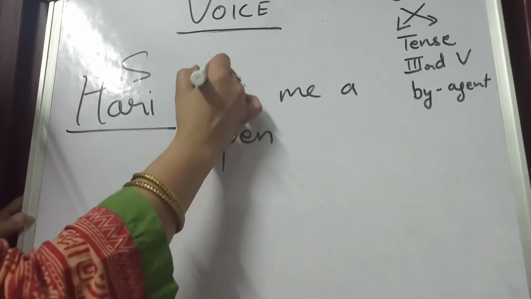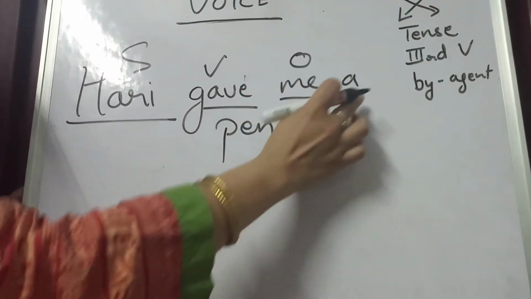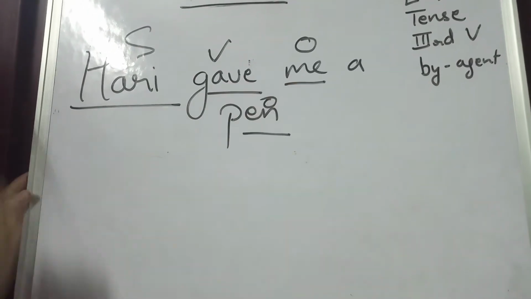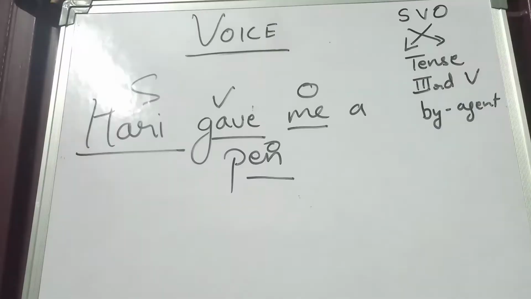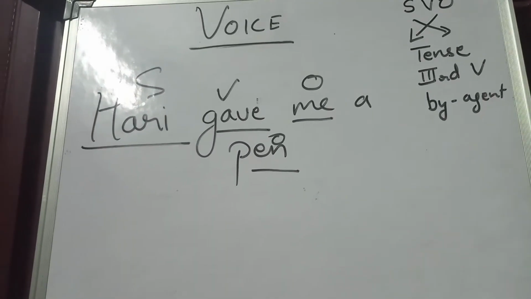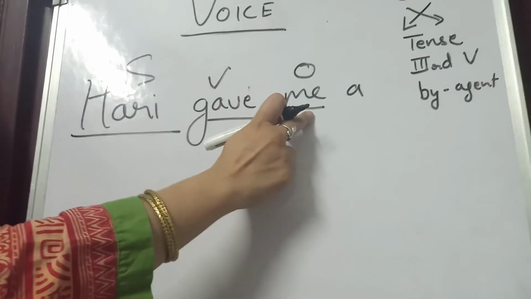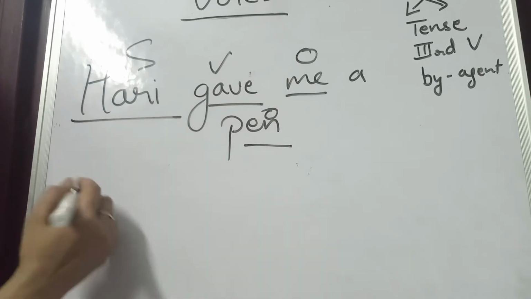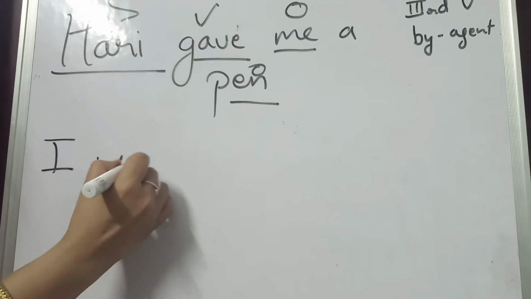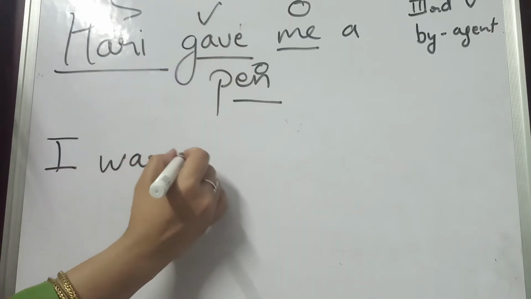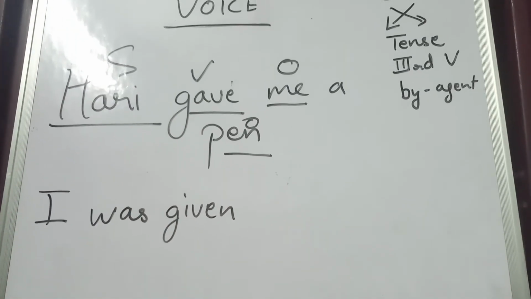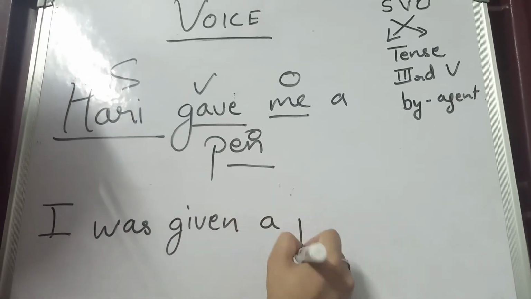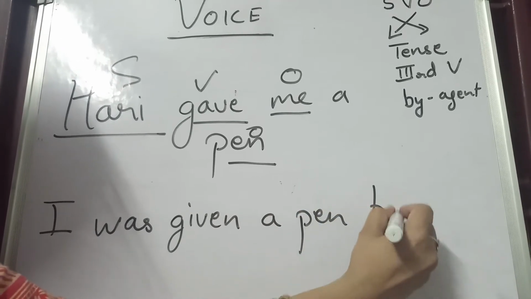Subject, verb, object. Then what is this? This is the second object. If we have two objects, then we can make the passive voice in two ways. Just now I told you, me changes to I. I, past tense, was, third form, given, a pen, by Hari.